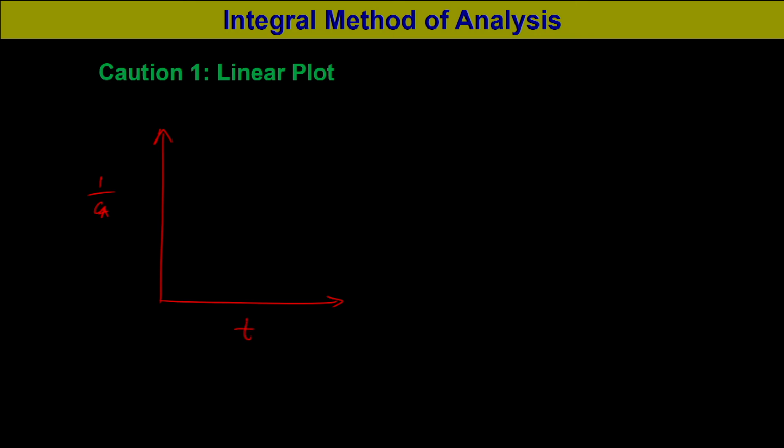If we plot for the equation 1 by Ca minus 1 by Ca naught is equal to kt, in that case we will obtain a straight line passing through some point on the y axis. So, this is your intercept, which is 1 by Ca naught, and the slope of the line is k.